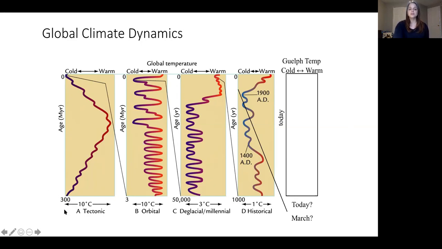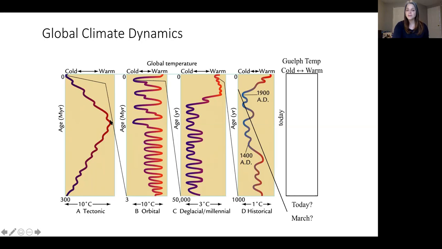Focusing on the diagram on the left, along the y-axis is time, so we're going back through time all the way to 300 million years ago. Over that time frame, it got almost 10 degrees warmer than it was 300 million years ago.